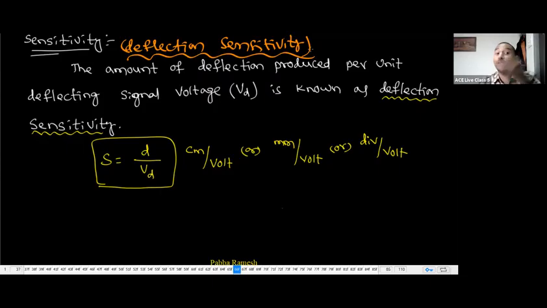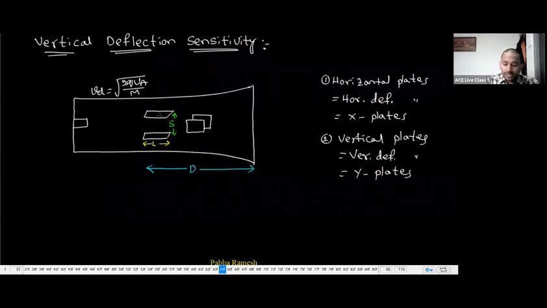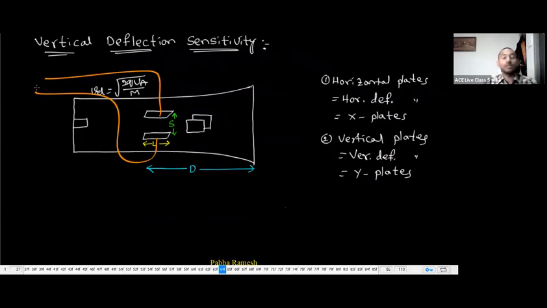Deflection sensitivity: deflection is the output. To these two vertical plates, we give the input supply voltage, and based on that voltage the deflection will be there. So voltage is the input and deflection is the output. The given input is voltage and the observed output is deflection.